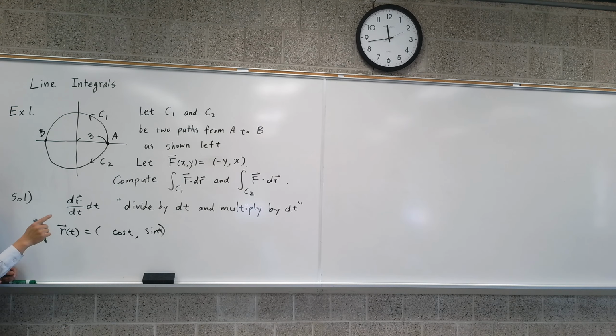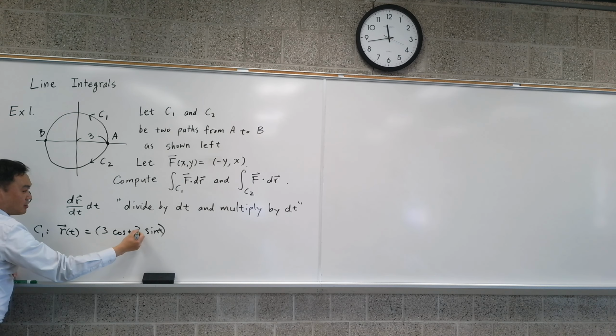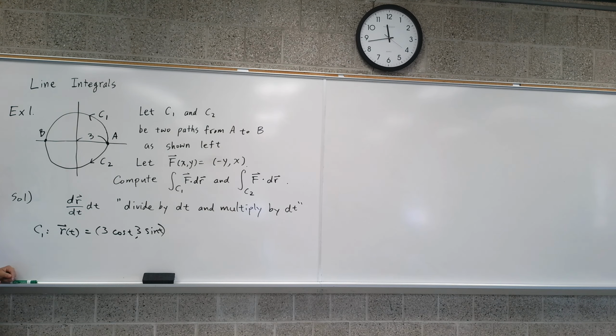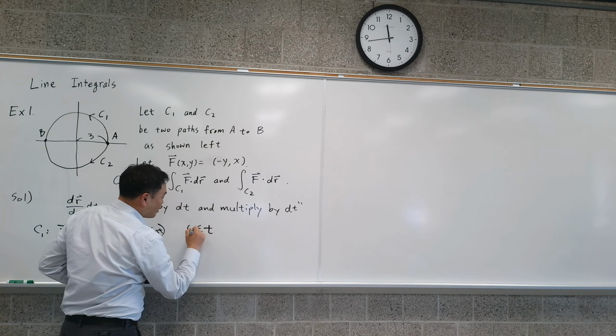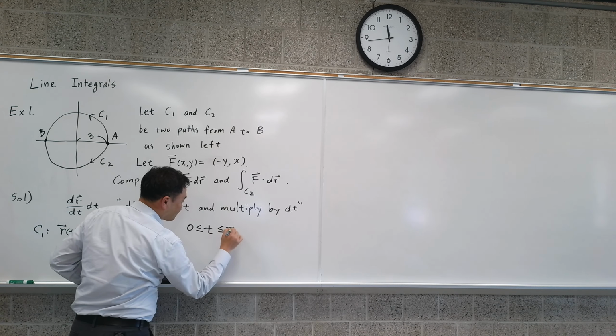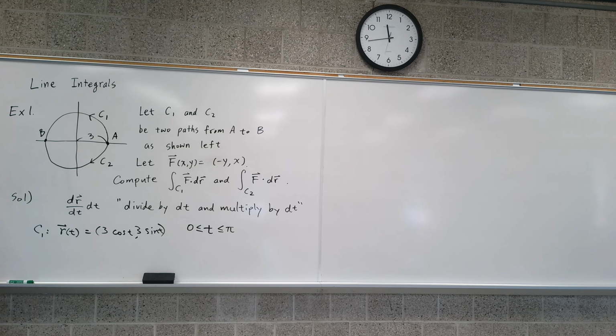Length. Yeah, you make it bigger, right? So what do I do? Multiply by 3. And C1 will be parameterized by this one, where t is between 0 to pi. Good? All right.